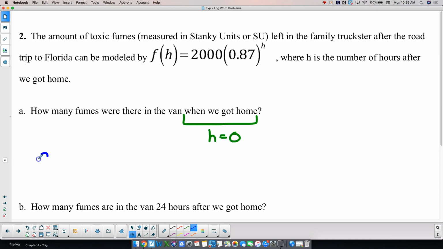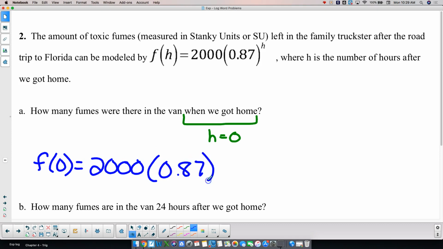So f of 0 is 2,000 times 0.87 to the 0 power. 0.87 to the 0 power is equal to 1. 1 times 2,000 says that when we get home, there are 2,000 Stanke units in the family truckster. Okay?